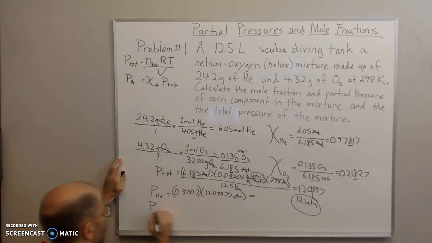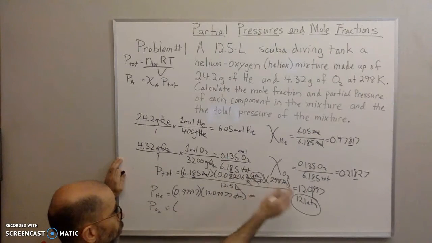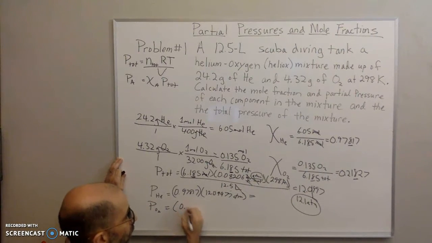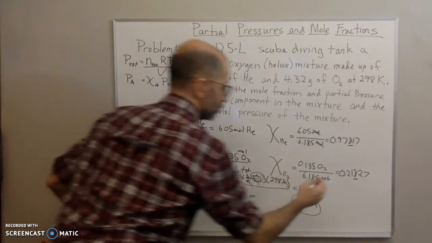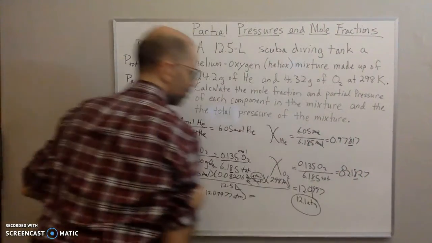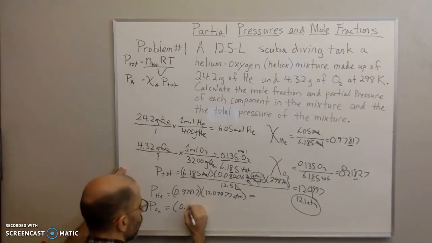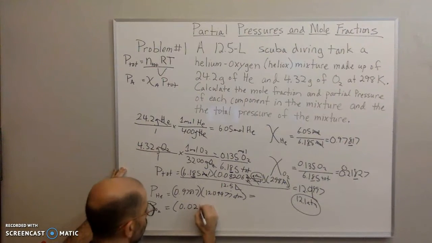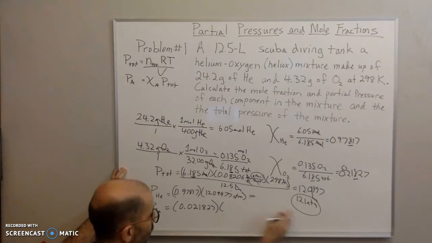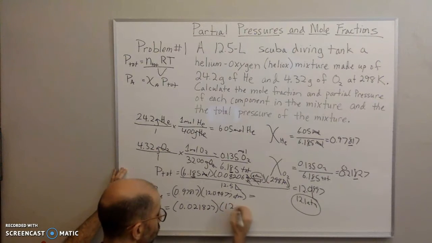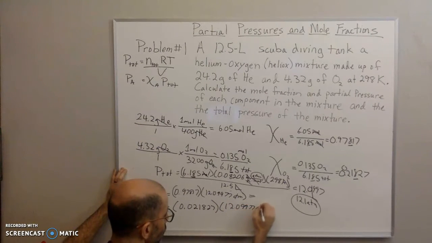And then I do the same thing. The partial pressure of oxygen is equal to the mole fraction of oxygen, 0.021827, multiplied by the total pressure, 12.09977 atmospheres.